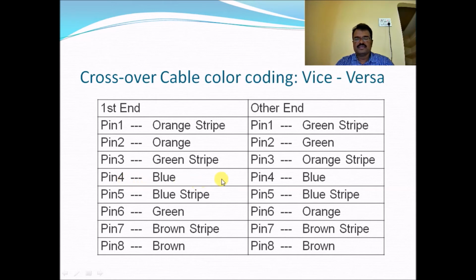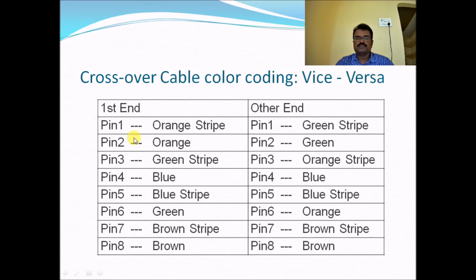Pin 4 is connected to pin 4 blue, and pin 5 blue stripe to pin 5 blue stripe. Pin 6 green is connected to pin 2 on the other end, the green color.